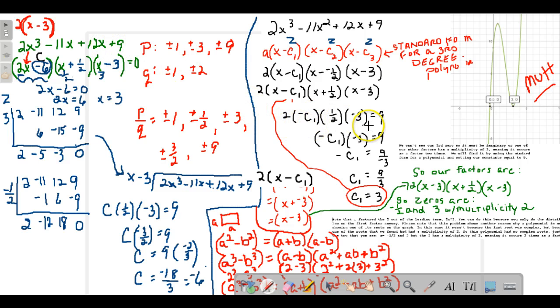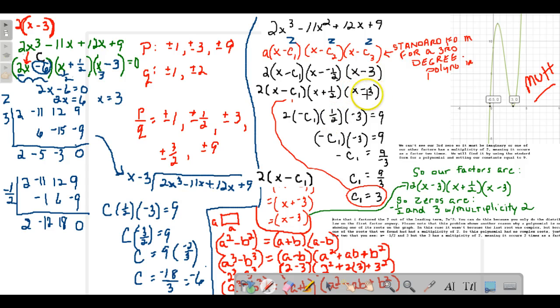But over here, we're using the same +1/2 and the same -3, and we're saying, okay, this here we have to solve for is going to be a negative C1. Because remember, this negative sign always goes with whatever's to the right of it. This one is positive, so it's positive.